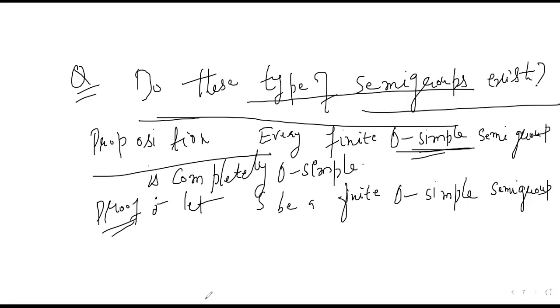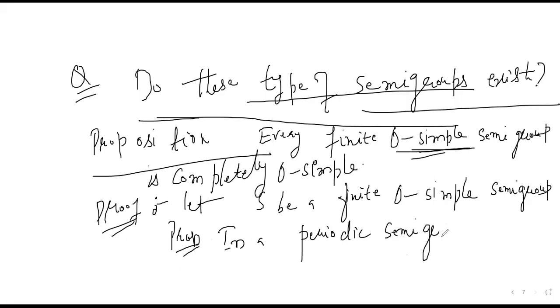This is a well known result. आपने किया होगा वो पीरियोडिक सेमी ग्रुप के लिए, किया है ना ये. In a periodic semigroup in particular, because finite semigroups are always periodic, so in particular for finite also.